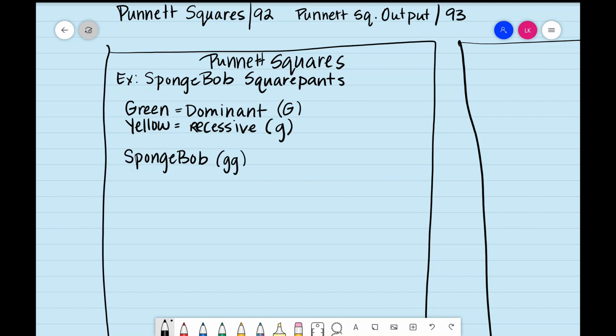But he has 2 lowercase g because he is yellow. Let's say he marries a round pants family, so let's call her Susie Round Pants. Susie is green in color, but actually she has a hidden yellow allele in there.